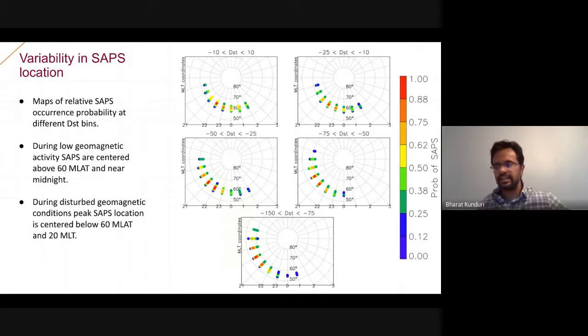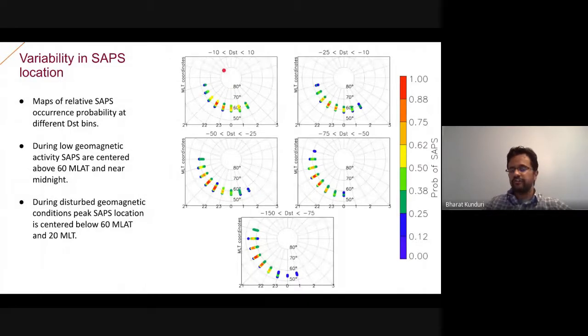The next thing we did was develop a characterization of the location of SAPS flows. Previously, I was talking about the probability of seeing SAPS under a given geomagnetic activity level. Now, if SAPS are being observed by SuperDARN, what's the most likely location of seeing SAPS for a given Dst index bin? That is represented in this plot.